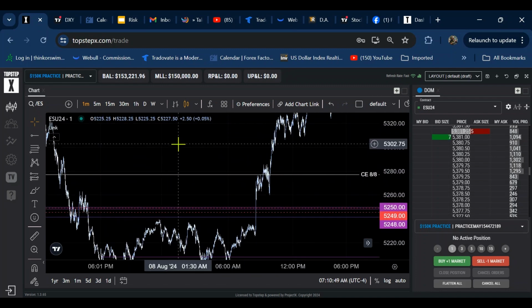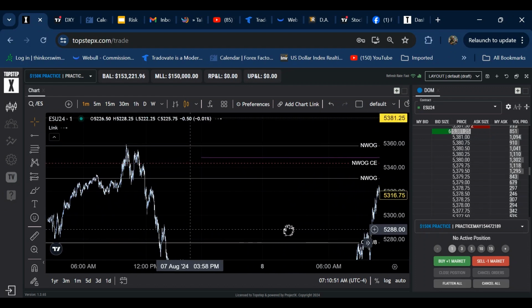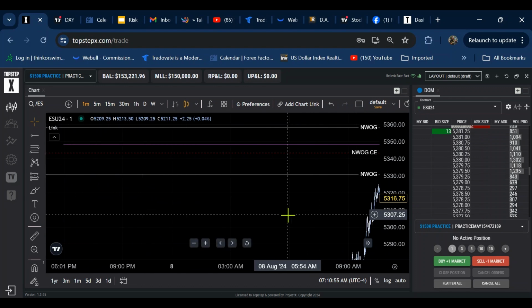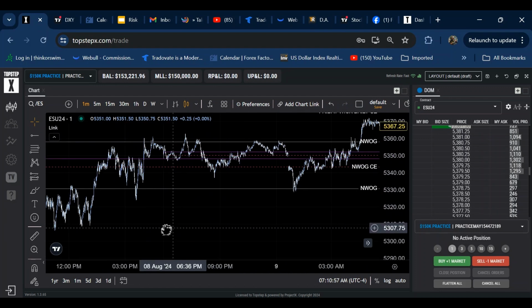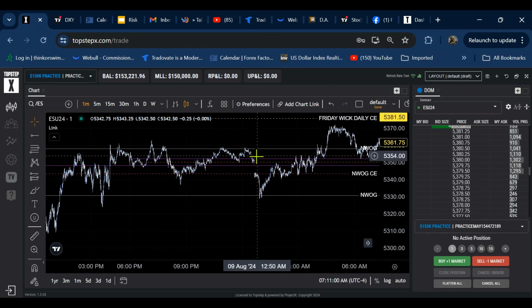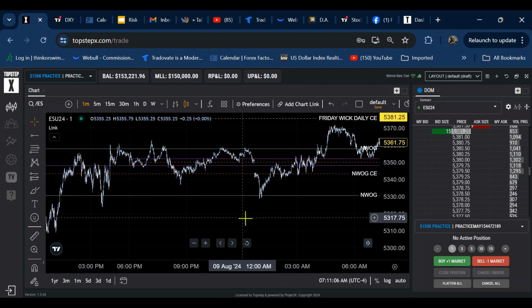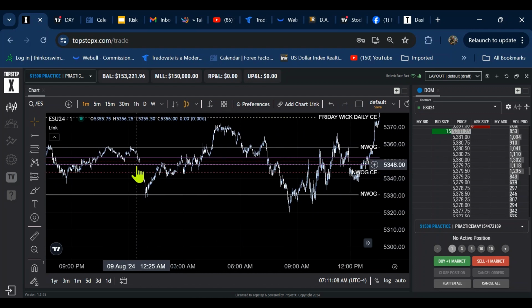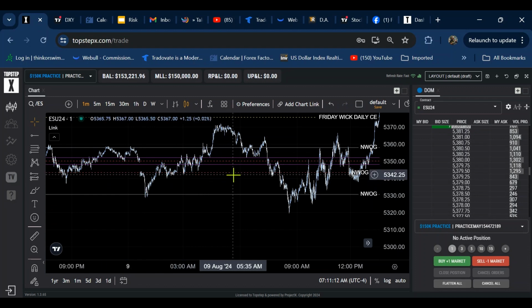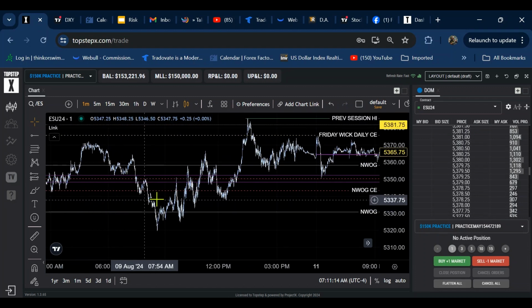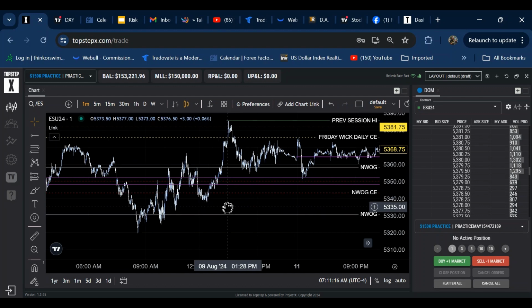I couldn't annotate those until after the open. But let's see if I can find it here. That's a visual gap that you can see right there. But that's at midnight, so we don't really need to pay attention to that one. We need the opening of the day.